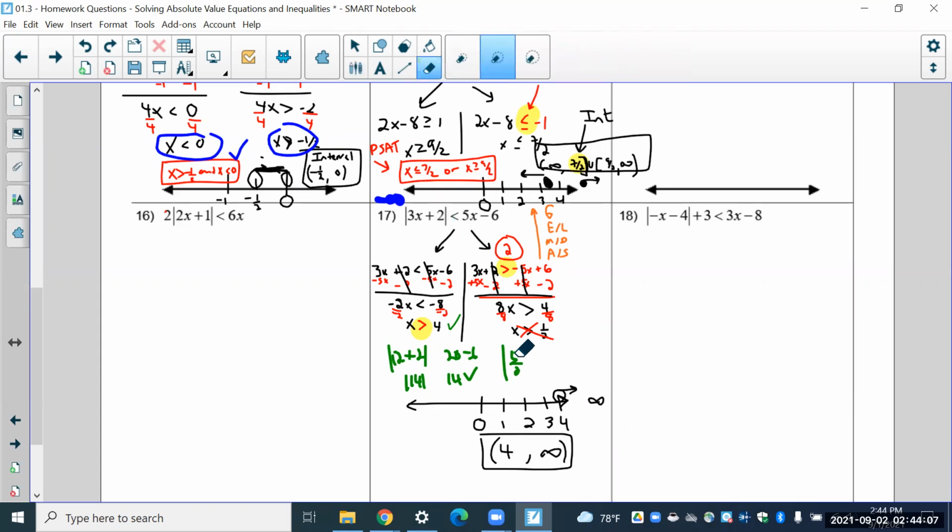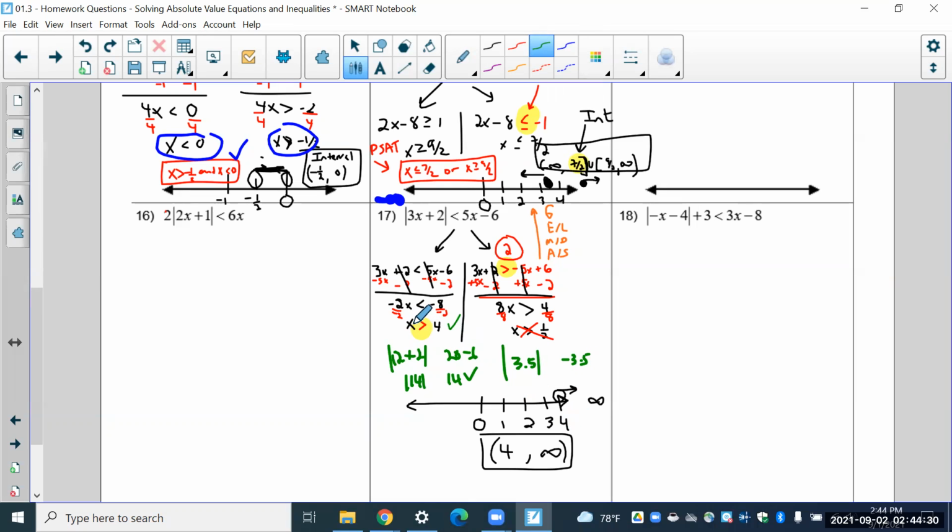We'll just do decimals. I don't think that's actually the right number. Let me try again. So if I put 1/2 in here, I get 1.5 plus 2 is 3.5. And I take the absolute value of that. But if I put 1/2 in here, I get 2.5 minus 6, which is -3.5. Again, classic absolute value. It's supposed to be positive. That's extraneous. So I just take it off the graph.